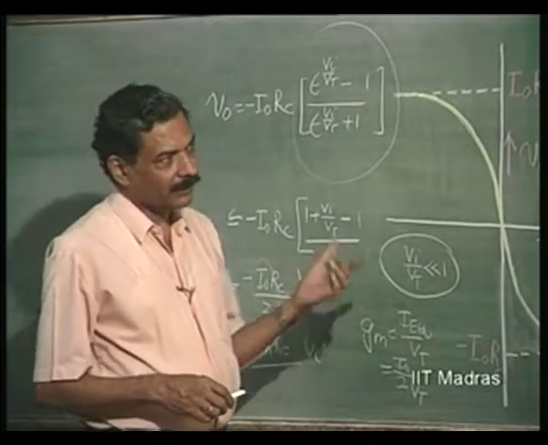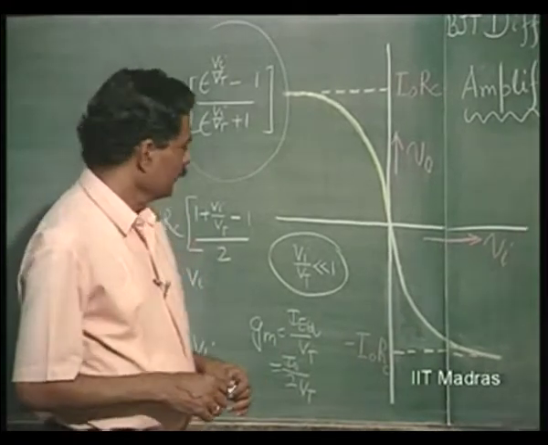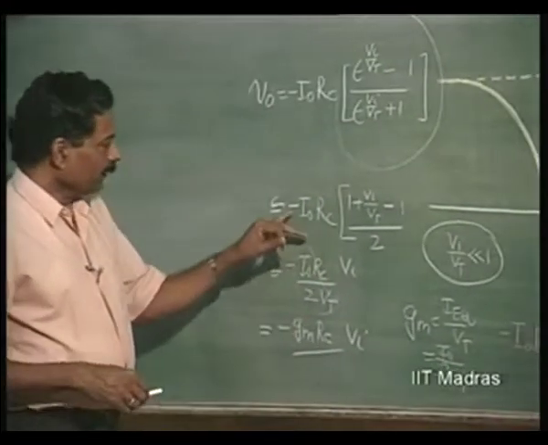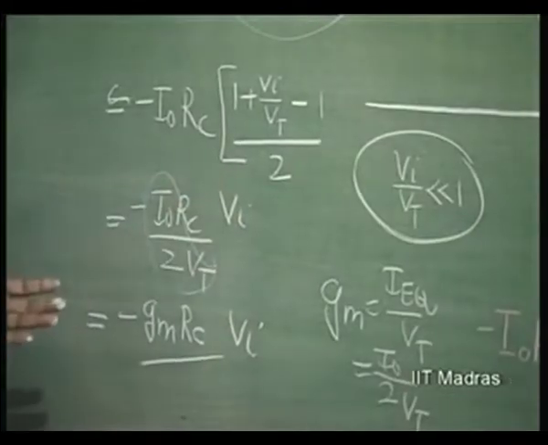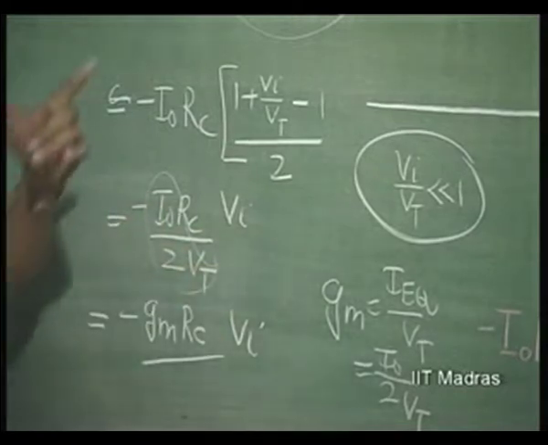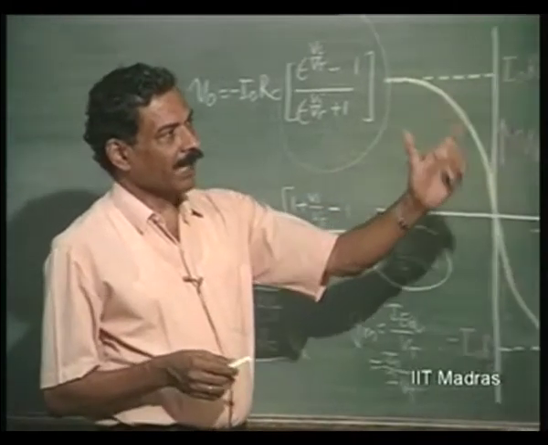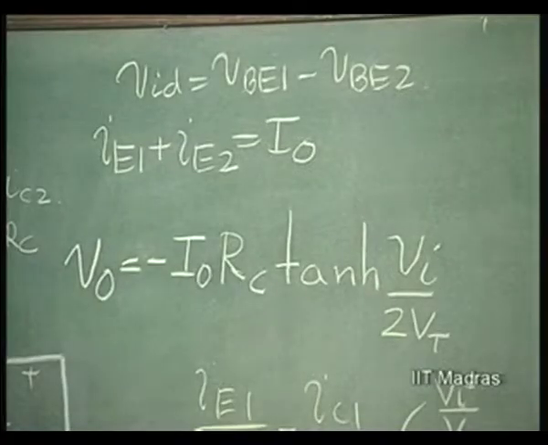So, what is the hyperbolic tan function strictly speaking? It is true that we will have minus I naught RC into VI by VT as the first term, VI by 2 VT. So, tanh x is x, then what else?